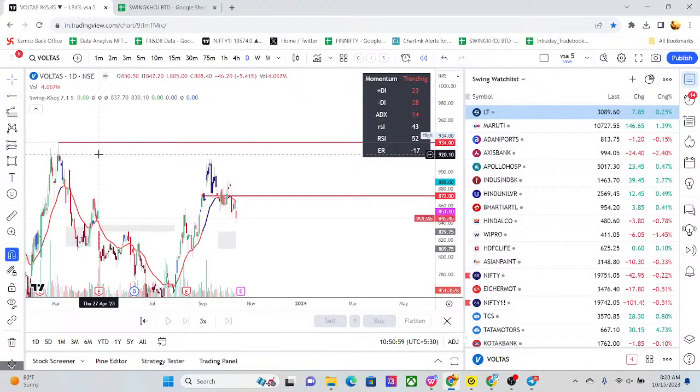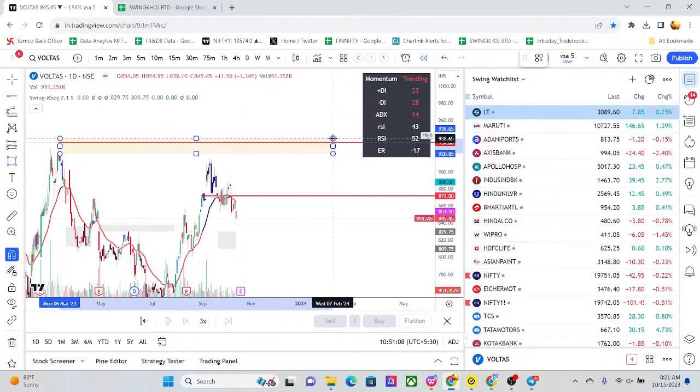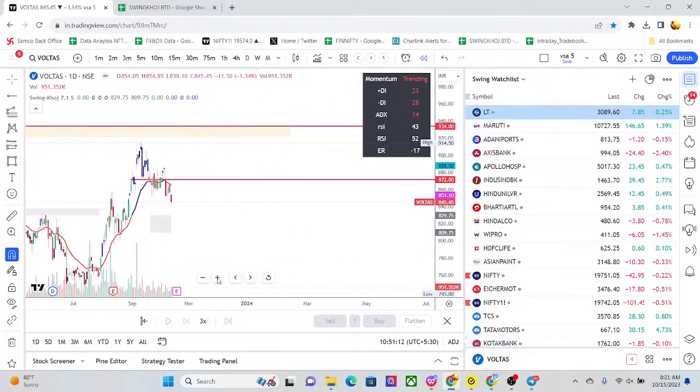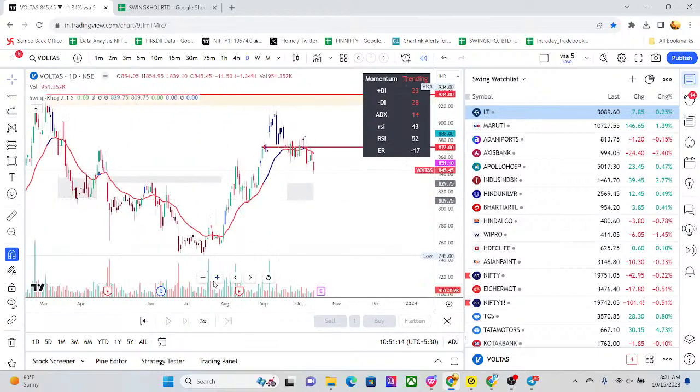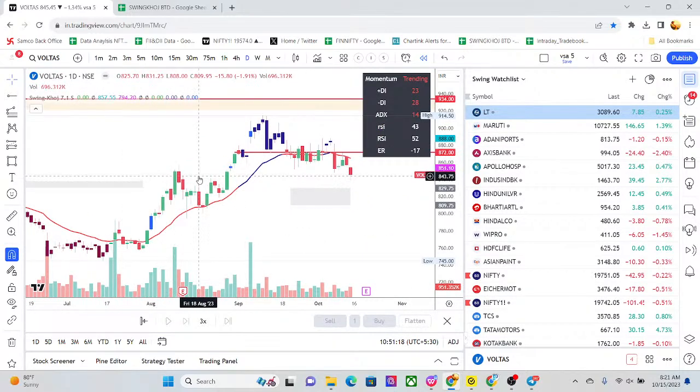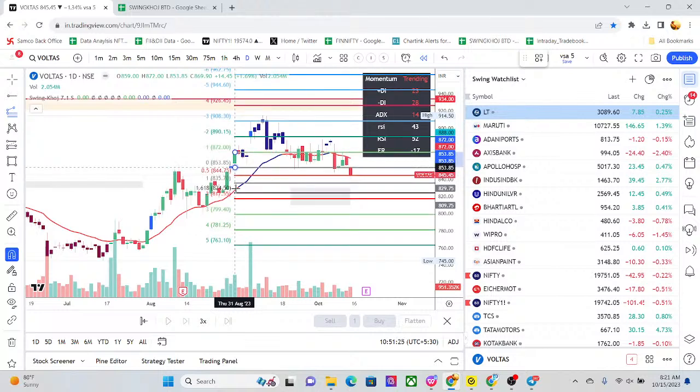This is a resistance zone, somewhere here. At least 1:1 we have to get. This is the entry, the initial stop loss.